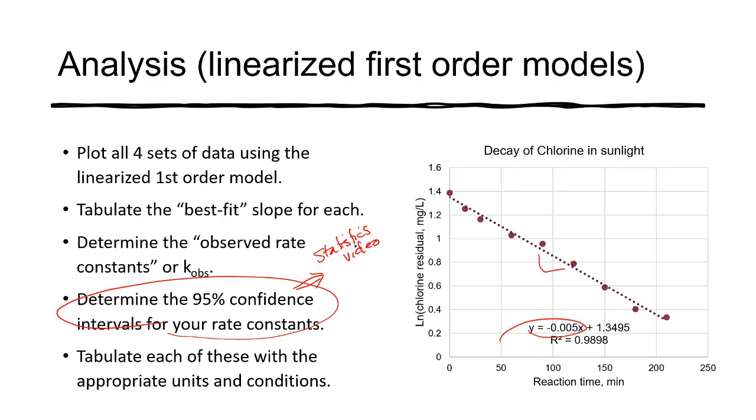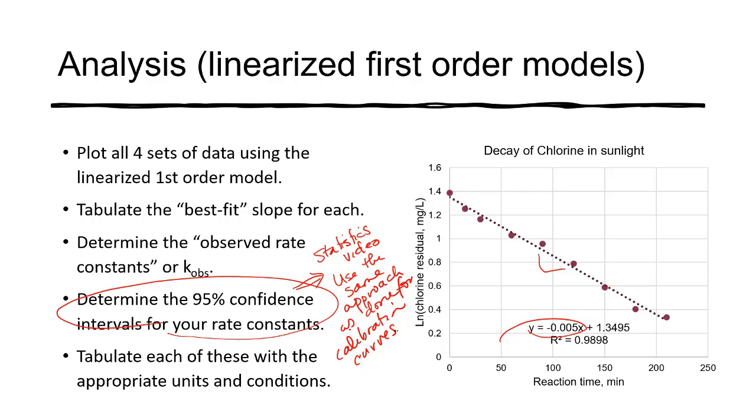If you watch the statistics videos, I believe it's video 4, you will use the same approach as done for calibration curves. We go through and I explain how to calculate the confidence interval for the calibration data and the slope of that line.